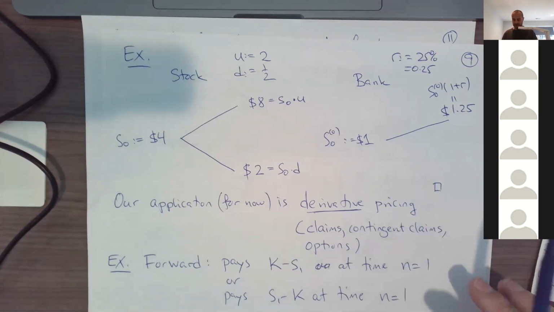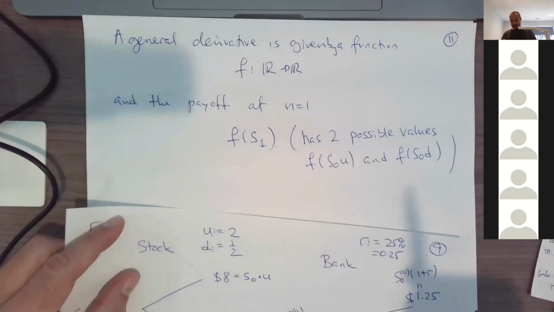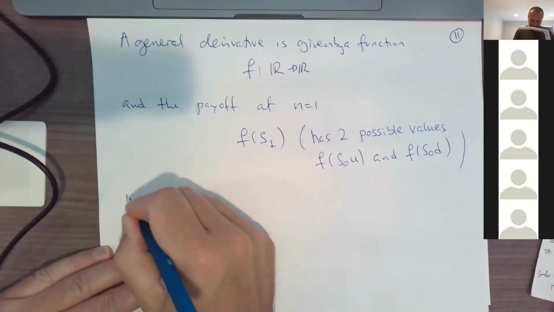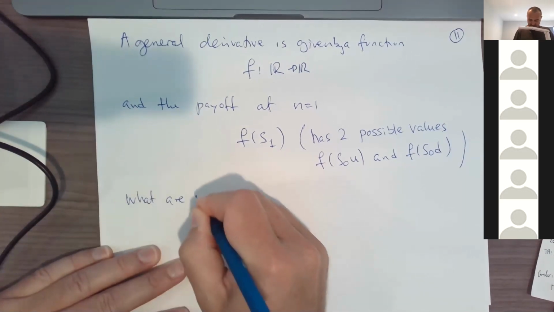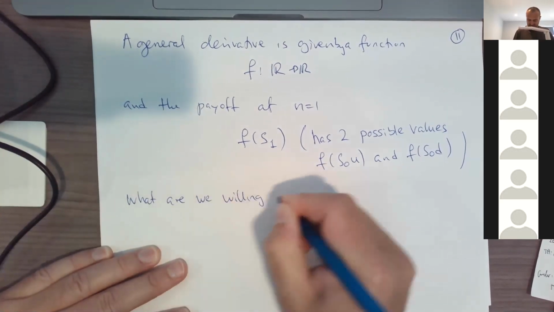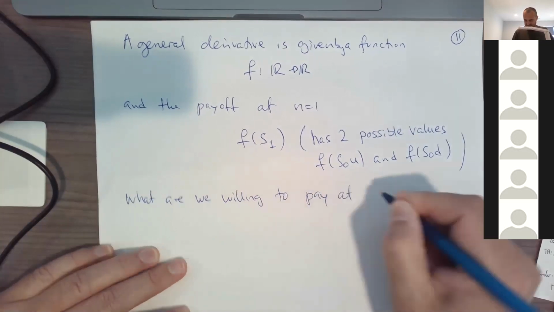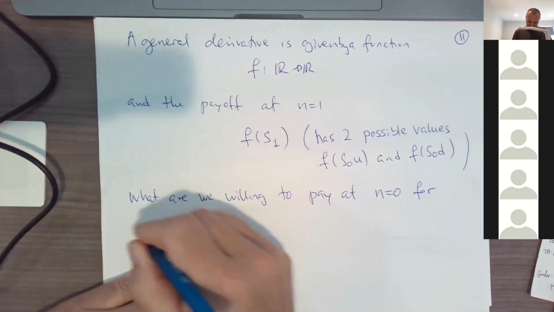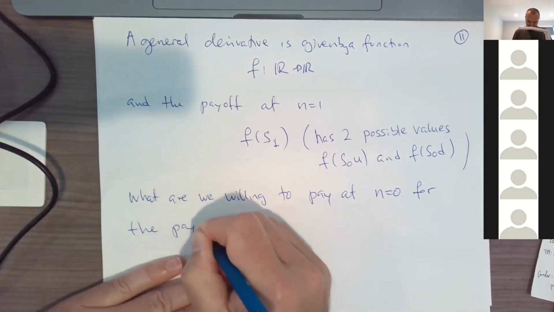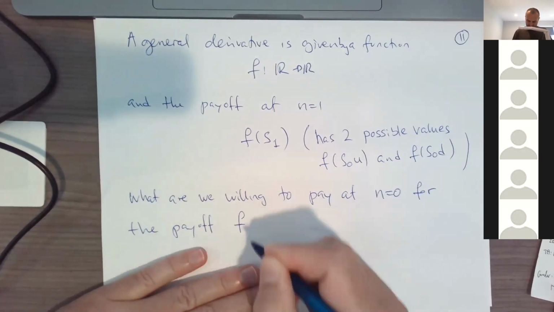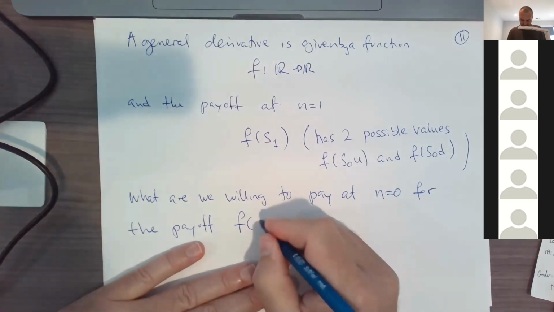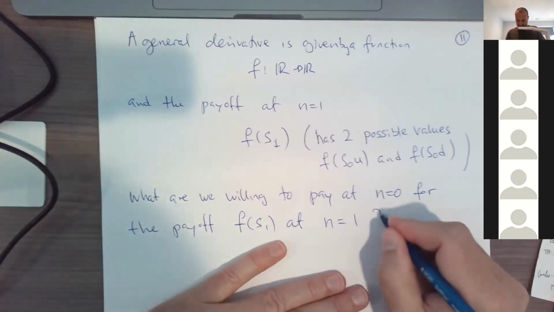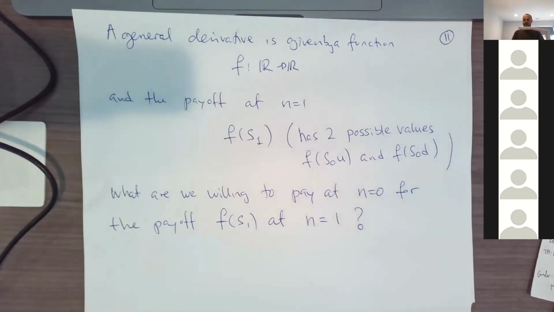How much are we willing to pay at time 0 for the payoff f of S1 at time 1?